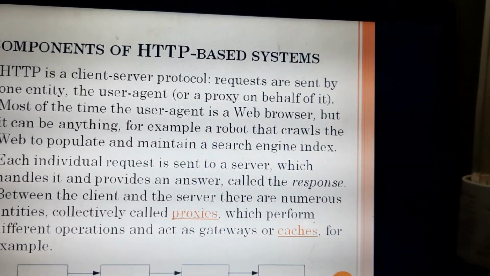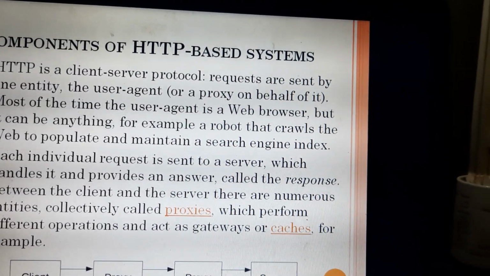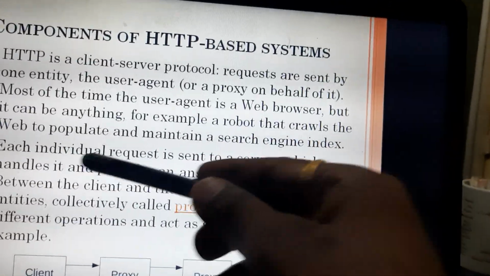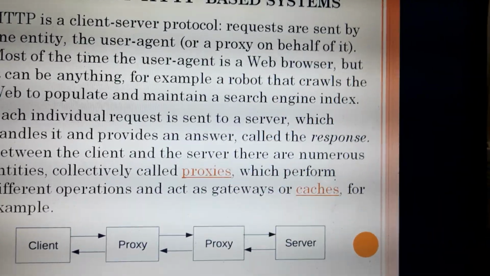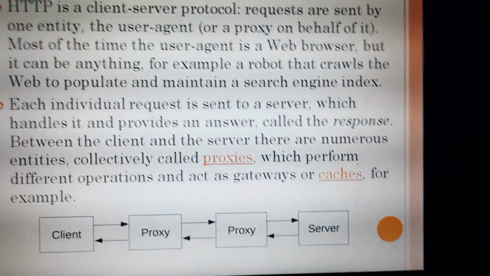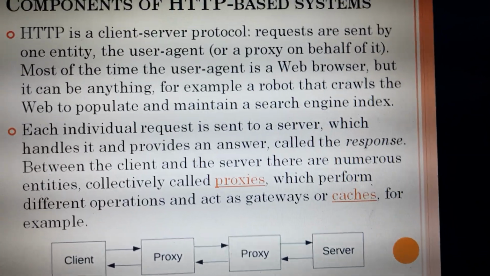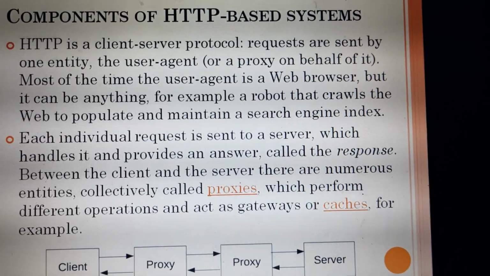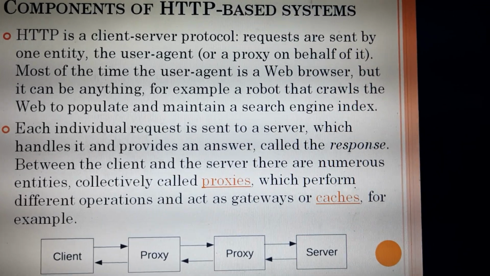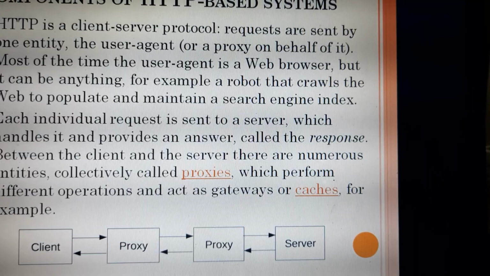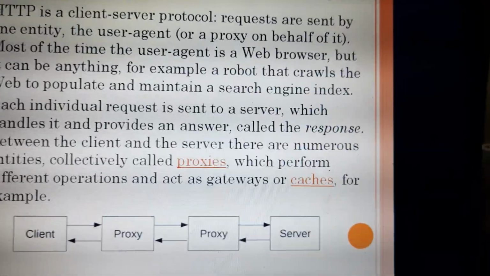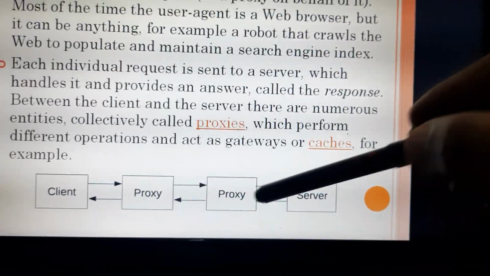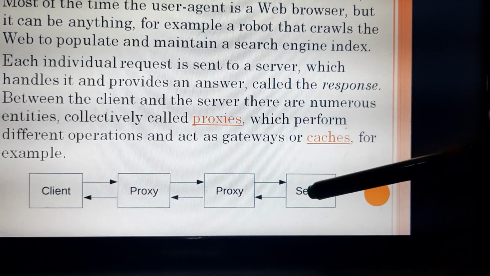The second component is the proxies. Each individual request is sent to the server, which handles it and provides an answer called a response. Between the client and server, there are numerous entities which are called proxies, which perform different operations and act as a gateway. You can find those proxies in between the client and server.